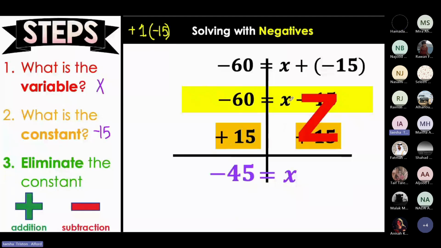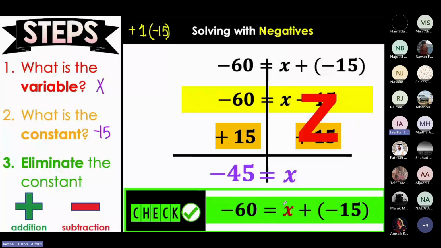No, just put it down. Then we have negative 60, add 15, makes negative 45. Check. You're not writing X here. What number should be in that place? Negative 45. So you put negative 45 and check.